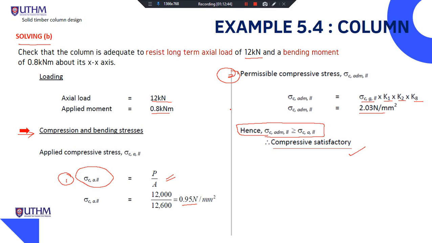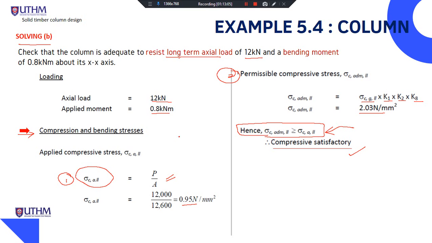For the combination of long-term axial loading and bending moment, you need to check based on the equation in 12.6, and also the case for long-term axial load only. This is similar to the long-term axial load only case.